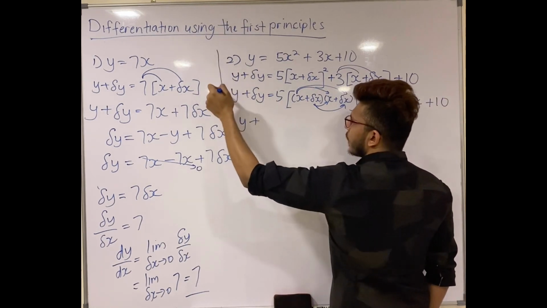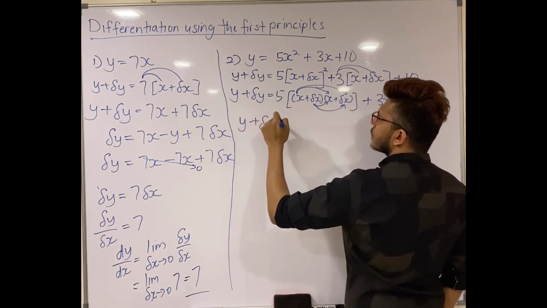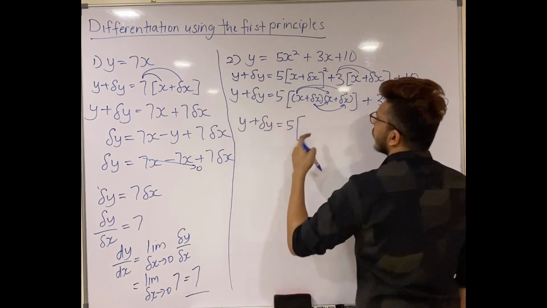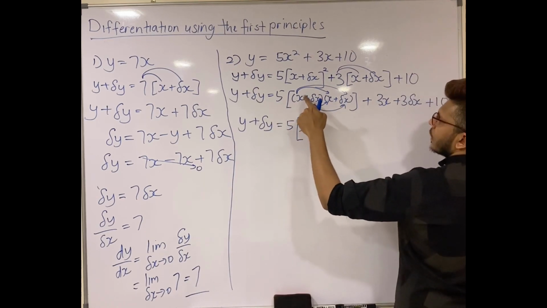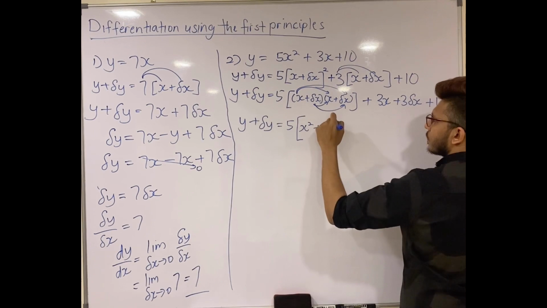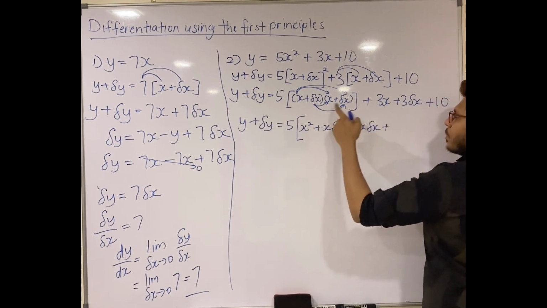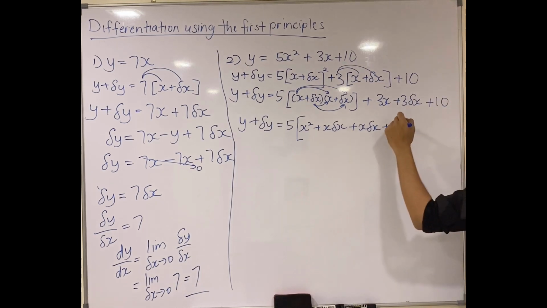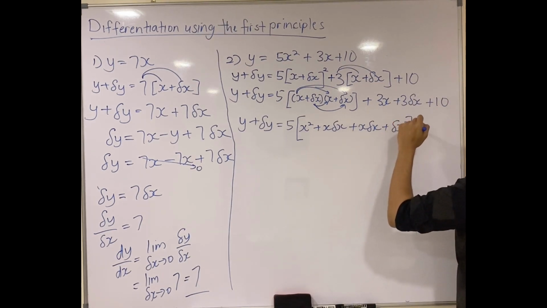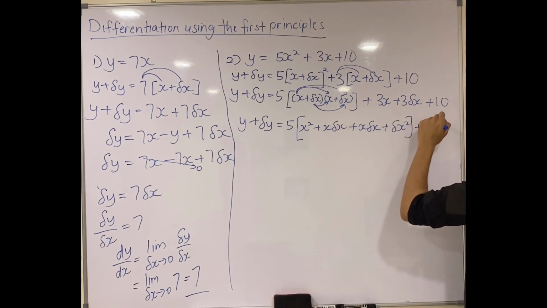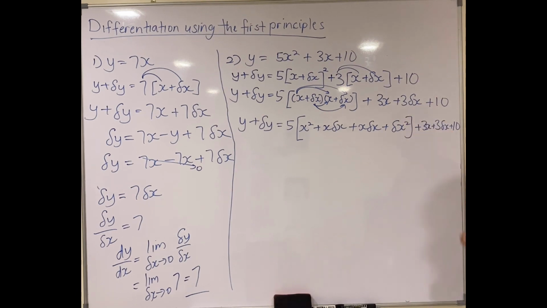Just gonna make a line. x times x is going to be x squared, plus x times delta x, another x plus delta x, plus delta x squared, okay, plus 3x plus 3 delta x plus this one.